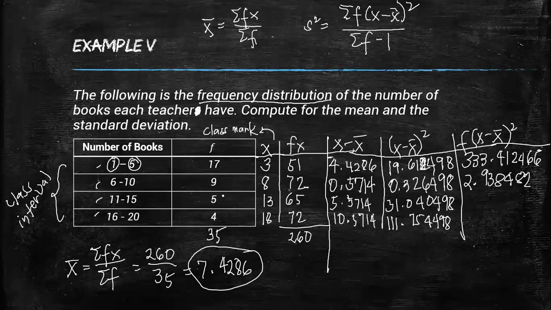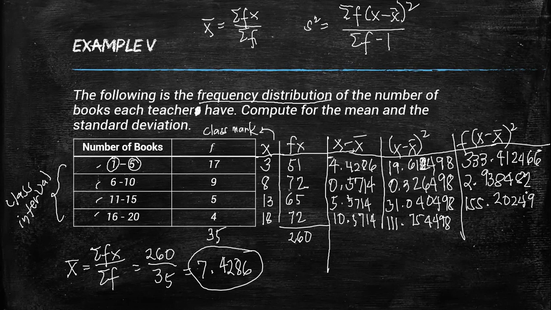So next naman is F, yung F natin ay 5, times 31.040498. That would be 155.20249. And lastly, we have 111.754498 times the frequency 4. So that would be 447.017992.